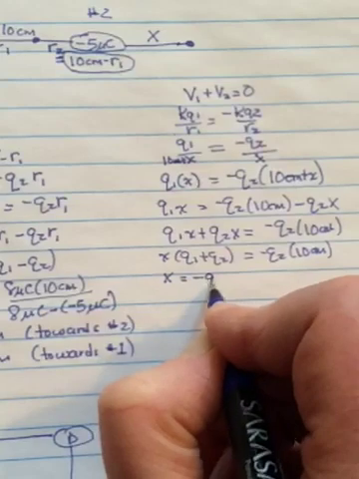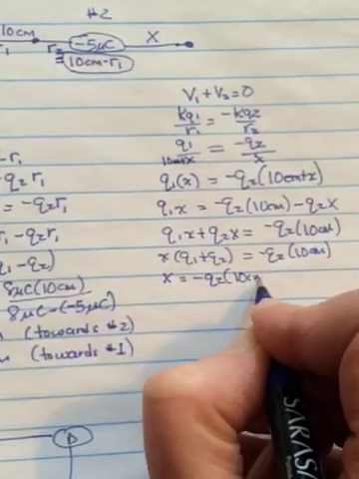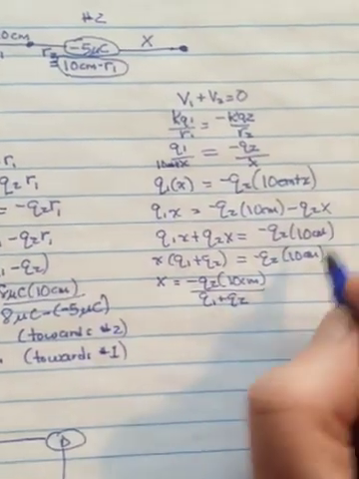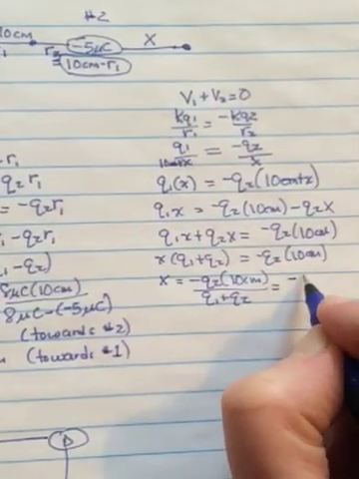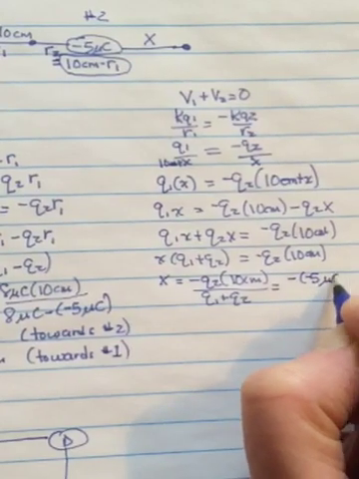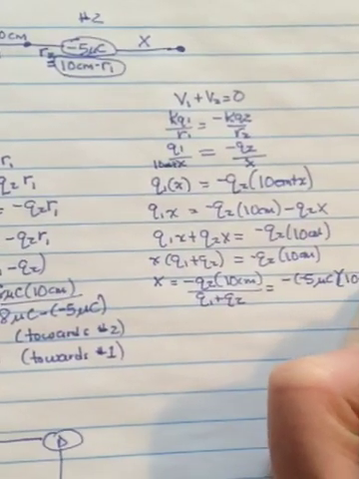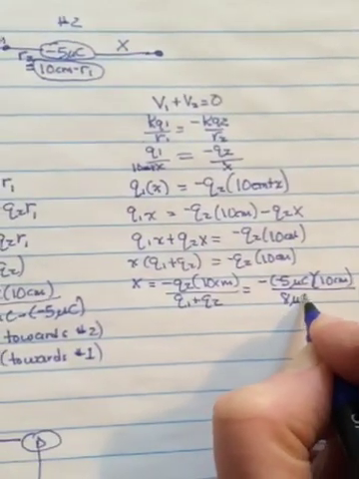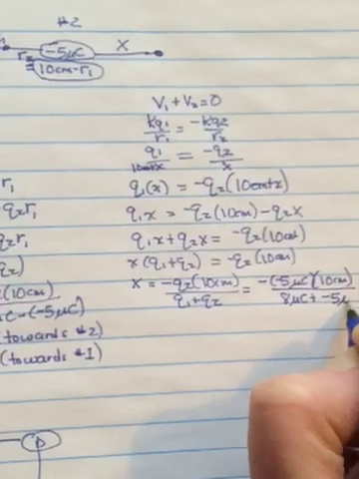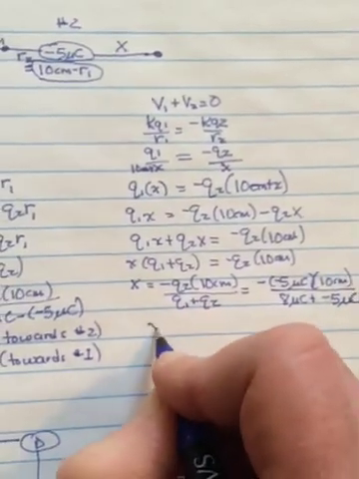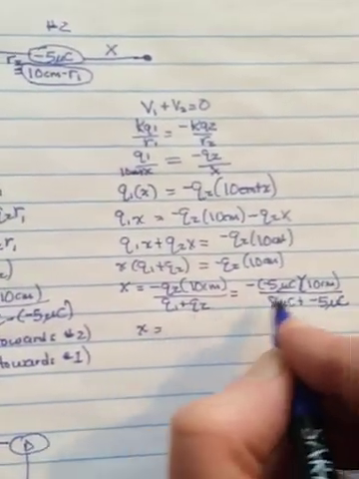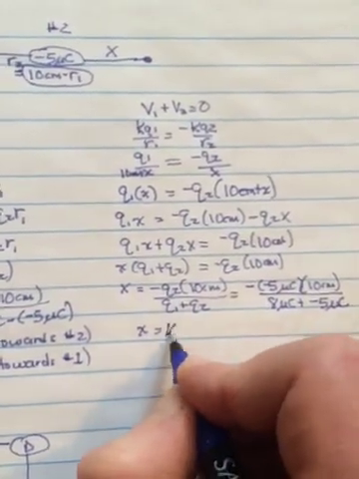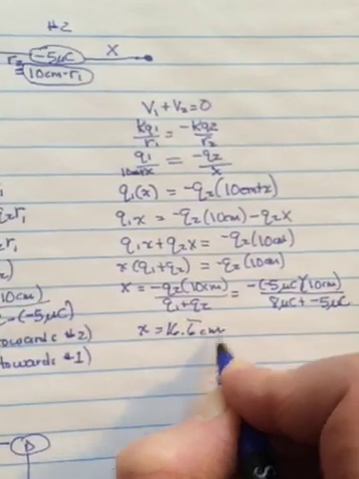So x is equal to negative Q2 times 10 centimeters over Q1 plus Q2. Fill in your numbers. A negative 5 microcoulombs times 10 centimeters. That's positive 50 on the top. And on the bottom, 8 microcoulombs plus a minus 5 microcoulombs. So that's going to be positive 3 on the bottom. So 50 divided by 3 should give you 16.6 repeating centimeters.